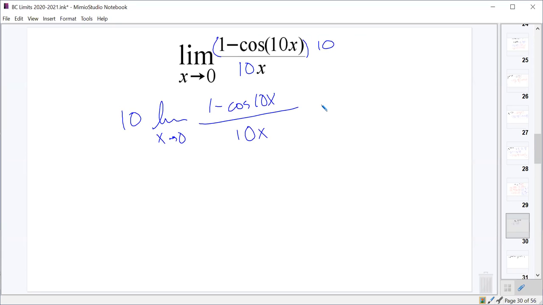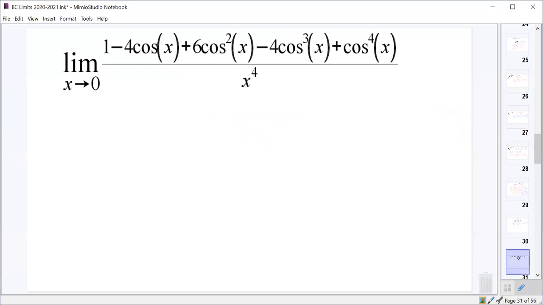And if we wanted to do the u substitution, we could, but let's just not bother. We get 10 times 0, which is 0. Good or no? Great. All right. What about this one?